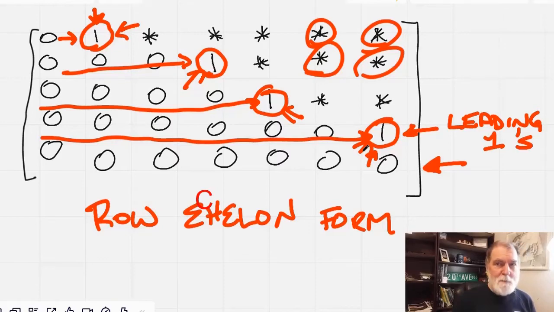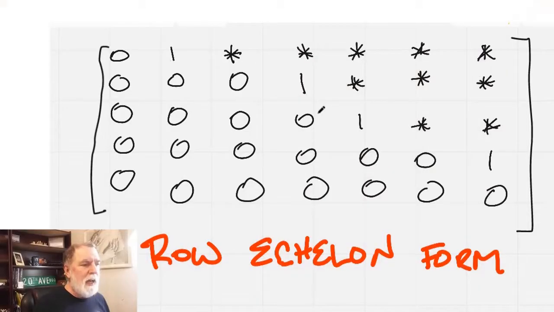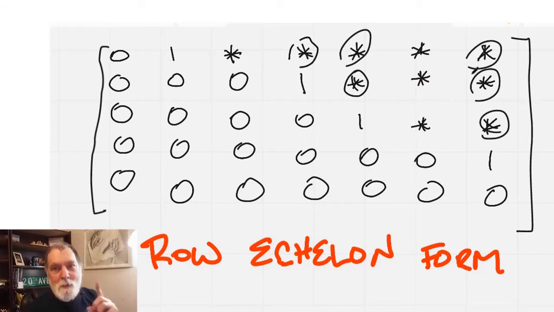Now, if this matrix is beautiful, there is another kind of matrix which is the Holy Grail. Let us add to our already beautiful matrix the additional criterion that the numbers above the 1s must also be 0.